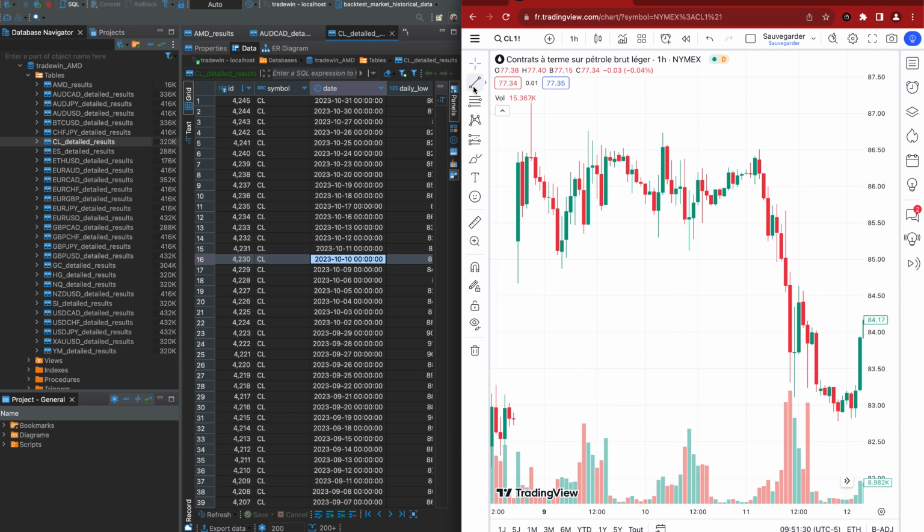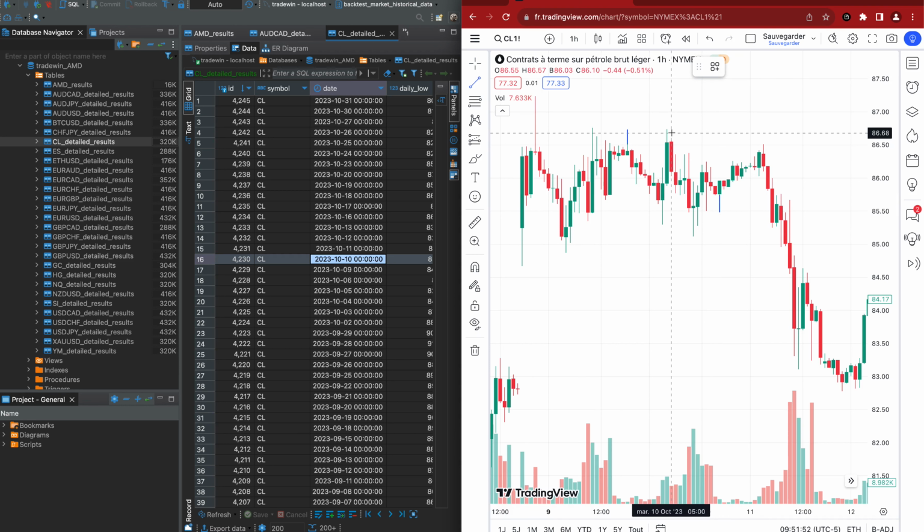Perfect. So let's define the sessions. The session starts at 19 here, and we said that we finish the 10 at 16. So what are the daily high and low between here?